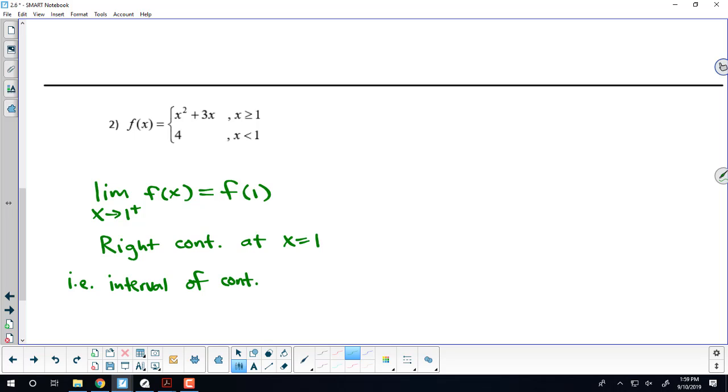If I'm right continuous at 1, what does my interval of continuity look like? 1 to infinity, including 1. So I can approach 1 from the right, and I can include that.